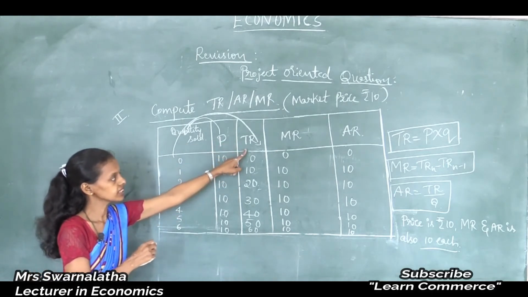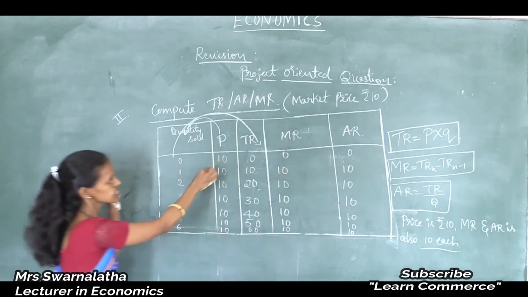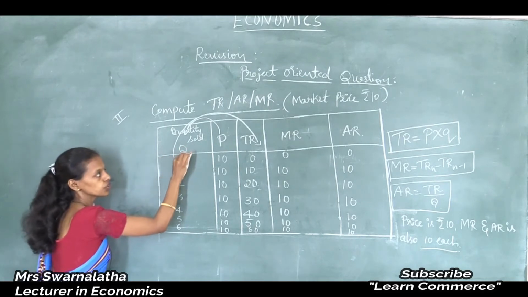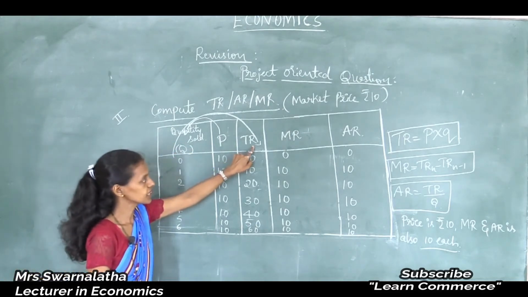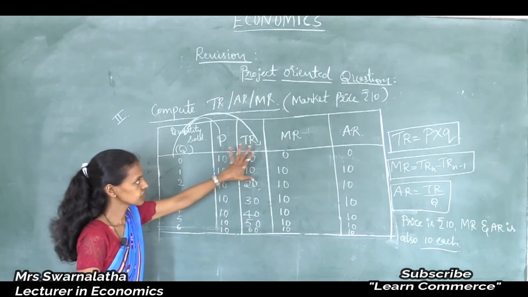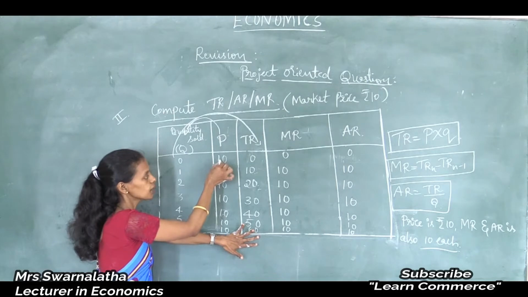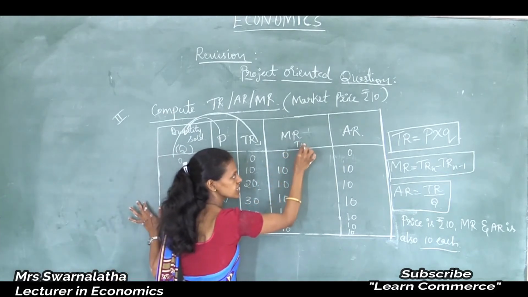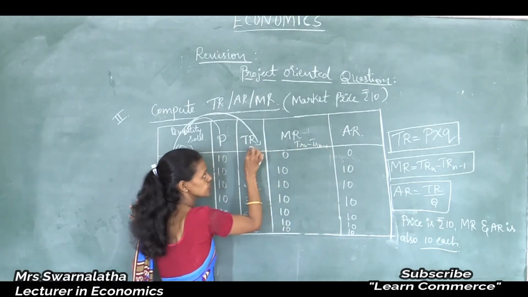Then to find the TR we use the formula P into Q, price into quantity sold. We get the TR values by multiplying the price value with the quantity. Next is marginal revenue, that is TRn minus TRn minus 1.